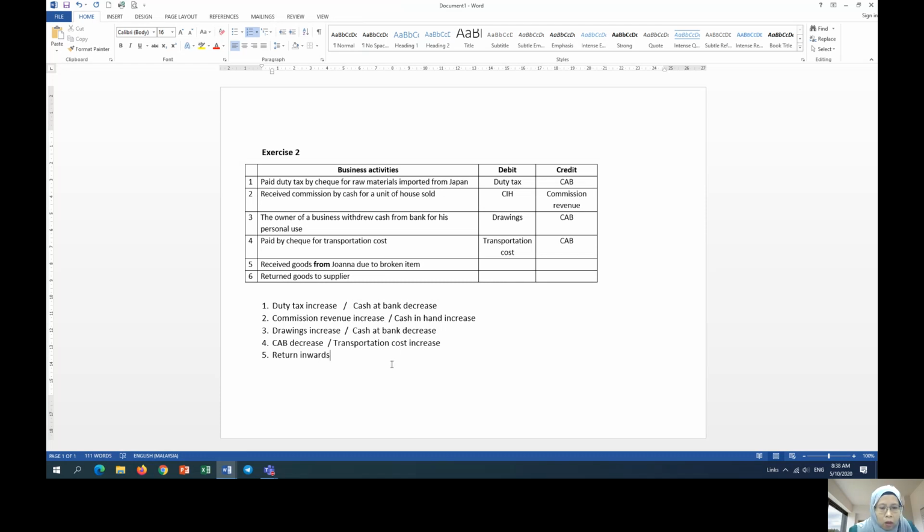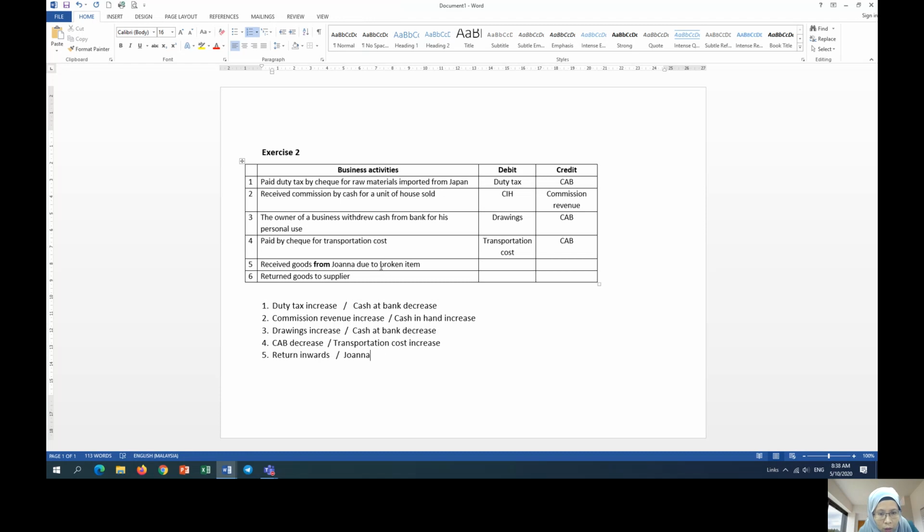Okay. Alright. So we have this first account and then the other account is kita tengok siapa yang pulangkan barang. Yang memulangkan barang adalah Joanna. So we need to open Joanna account. Because Joanna is the person that has returned the goods back to us.